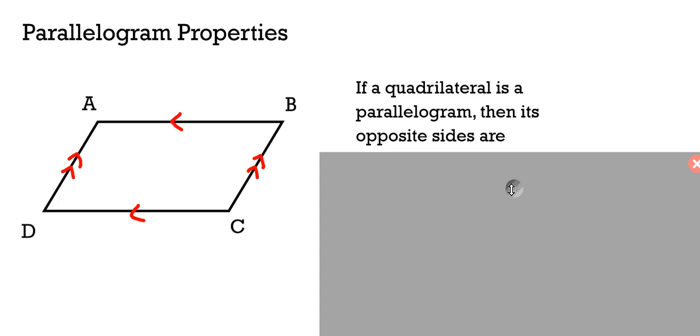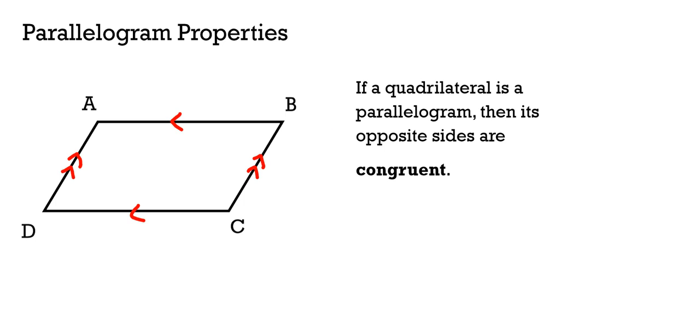If we know a quadrilateral is a parallelogram, as we do here, then we can assume that its opposite sides are congruent. AD is going to be congruent to BC, and so on. AB is going to be congruent to DC.